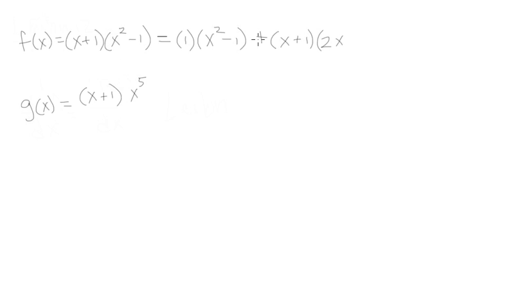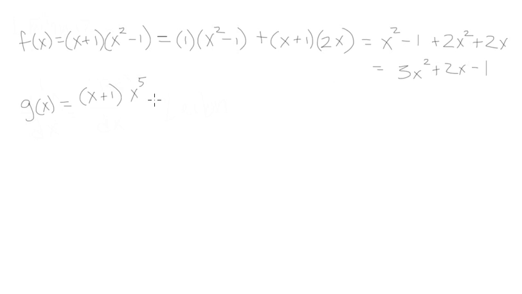The second term is a constant, so that disappears. If I want to, I can multiply that out. I get x squared minus 1 plus 2x squared plus 2x. You can combine that to get 3x squared plus 2x minus 1, which should be the same thing that you get if you FOIL out these terms.